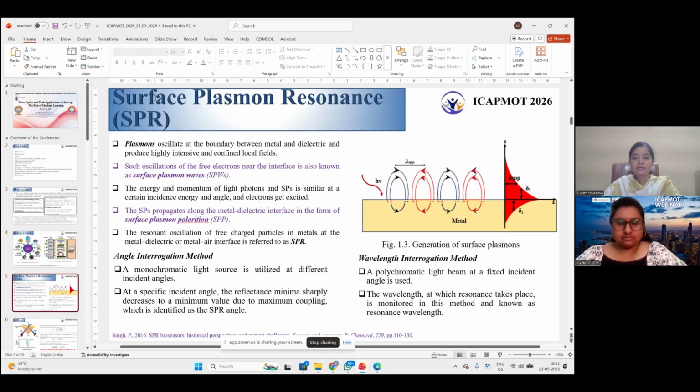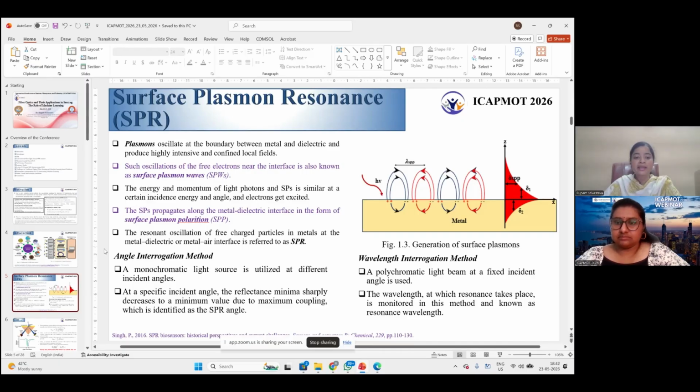Then what is the fundamental of surface plasmon resonance? Surface plasmon resonance occurs at the metal dielectric interface when the electrons of the metal collectively oscillate at the surface between the metal and dielectric, and at a particular condition, which is called the resonant condition, this happens. This can happen in two ways. One is the angle interrogation method and the other is the wavelength interrogation method.